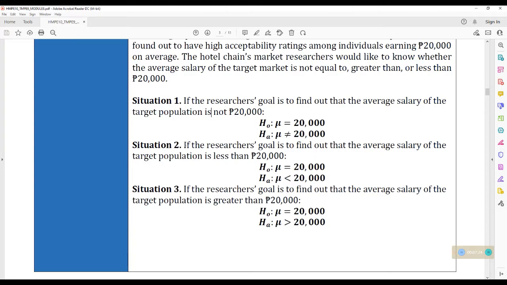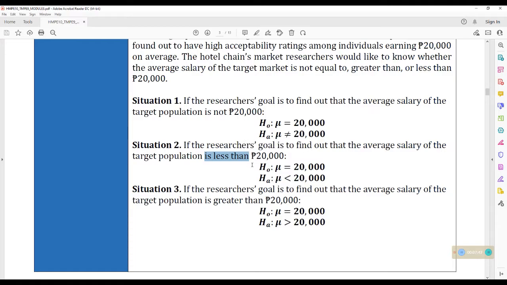Now, for situation number 2, very specific tayo dito. If the researcher's goal is to find out the average salary of the target population is less than 20,000. So, dito, naka-specify, dapat less than. So, may direction siya. Left-tailed siya.